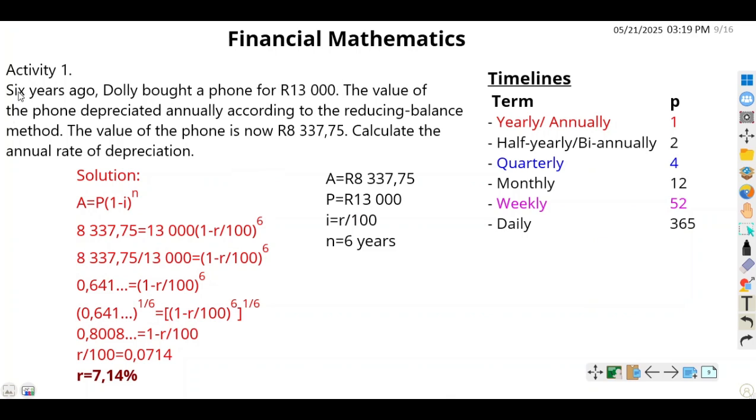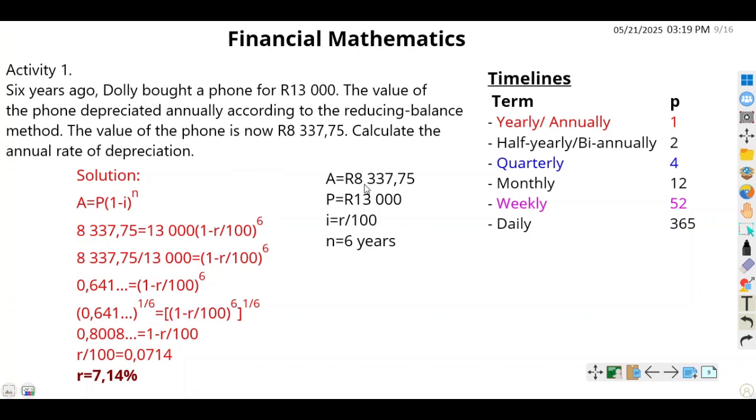When she bought it, it was 13,000. That is P. That was the present value at that time, right?